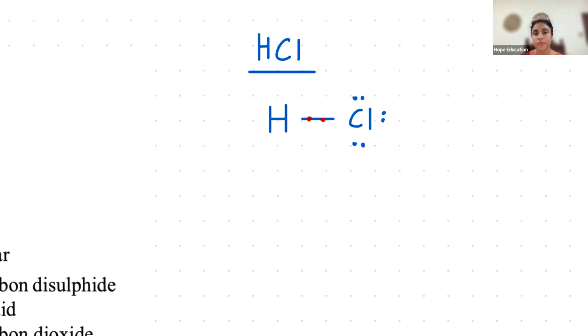Or will they be closer to one atom? What do you think? Maybe which one has a higher electronegativity?